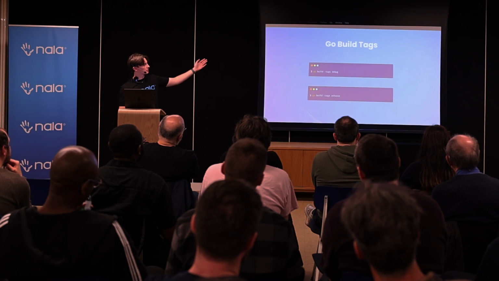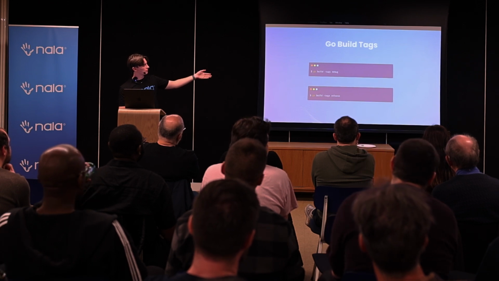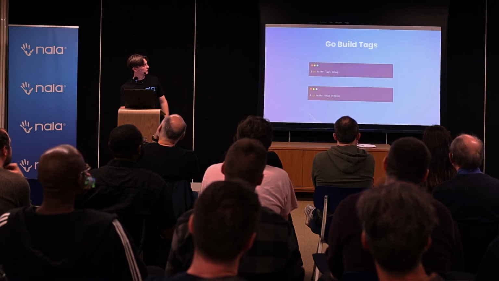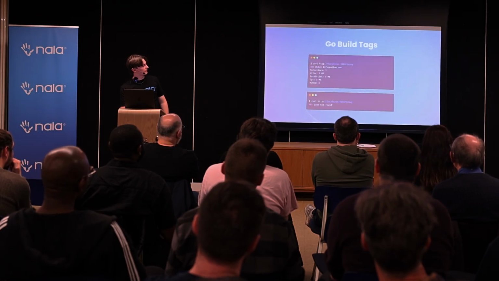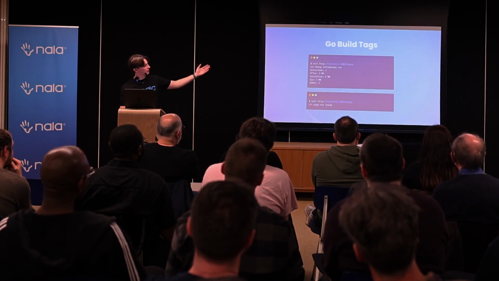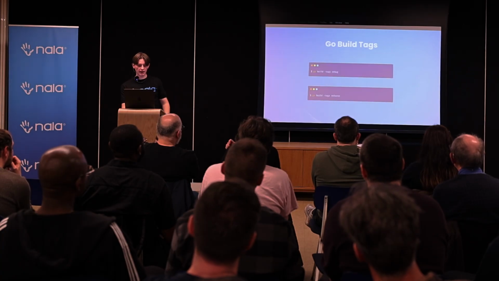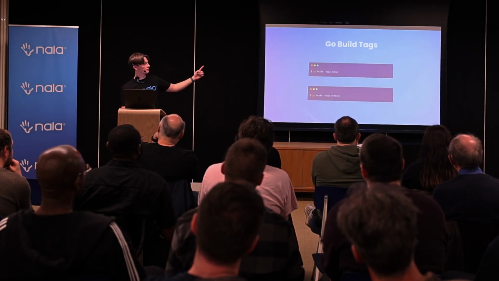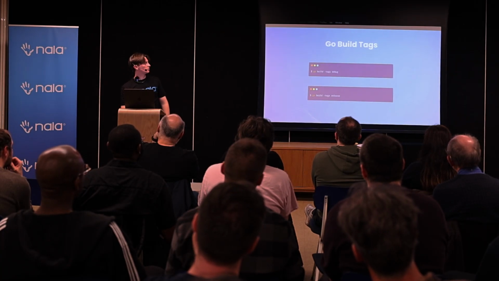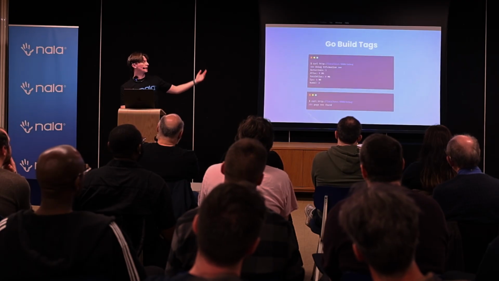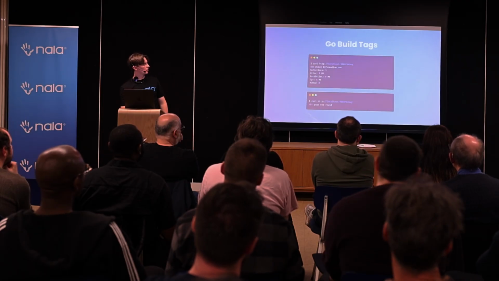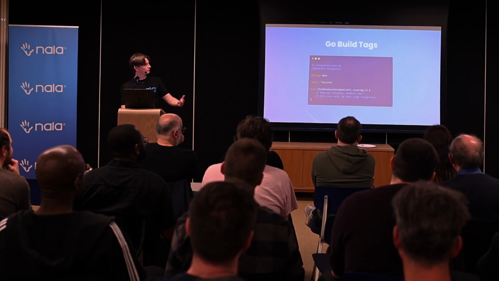So if we were to compile the top and the bottom with these two commands, you would have the output below here. Important to note, you're not actually changing any code between these. You're just compiling it differently, and it has a different output based on what you are building it for.